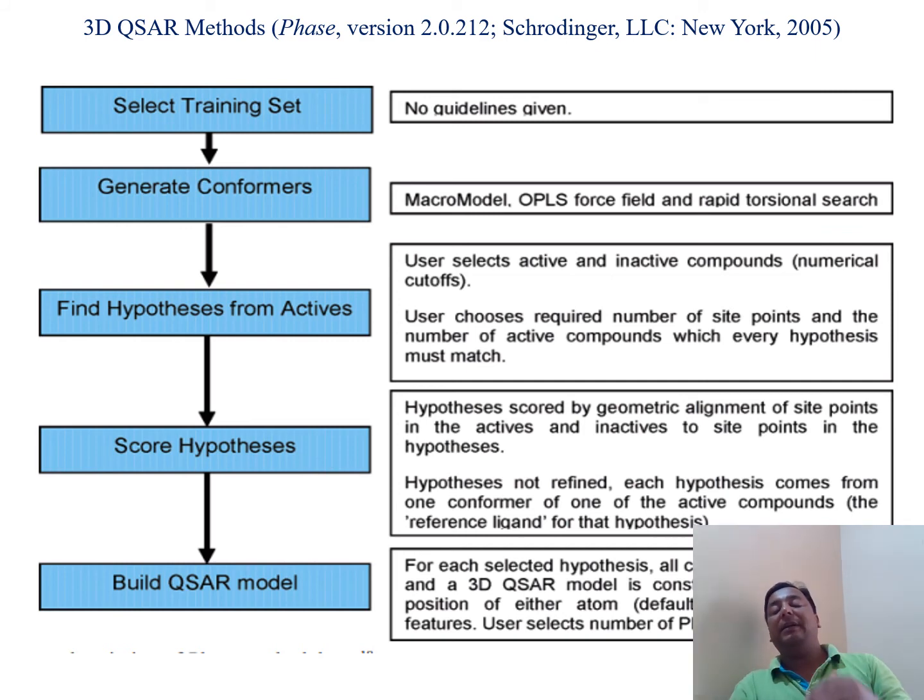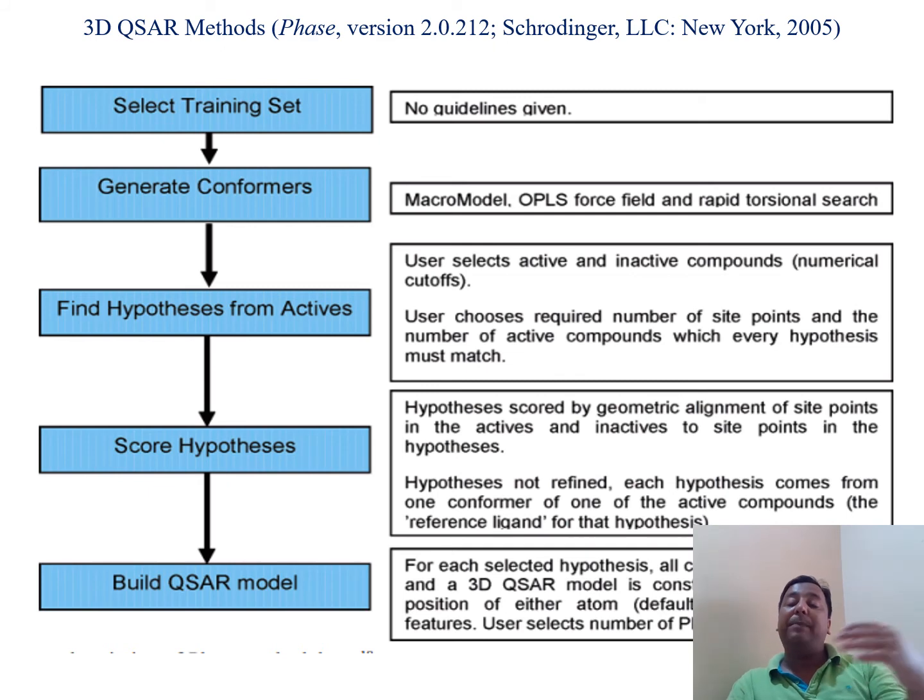Next we build QSAR models based on each hypothesis. It will generate more than 100 hypotheses, right? In one pocket we have to divide while finding the hypothesis, so there will be more than 100 hypotheses.